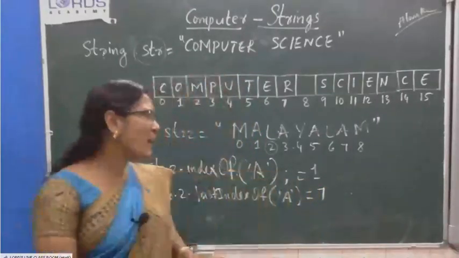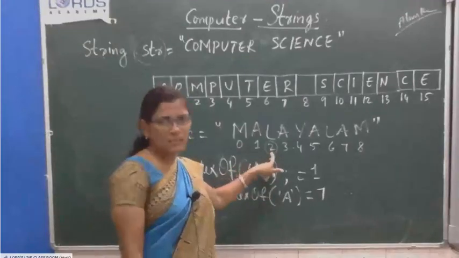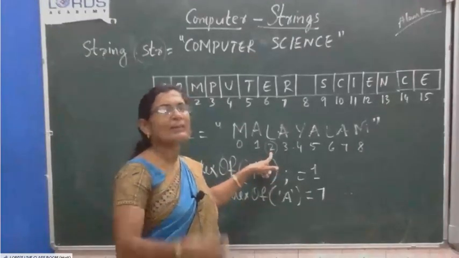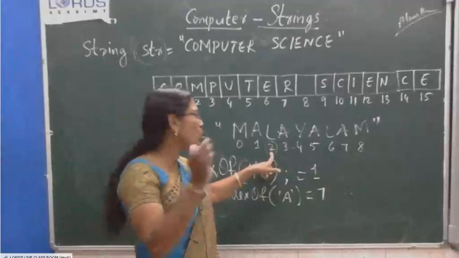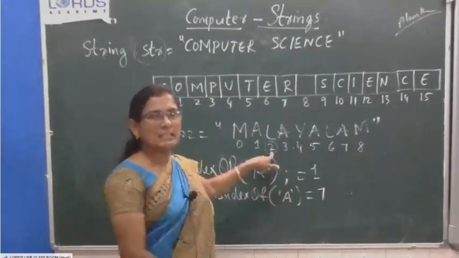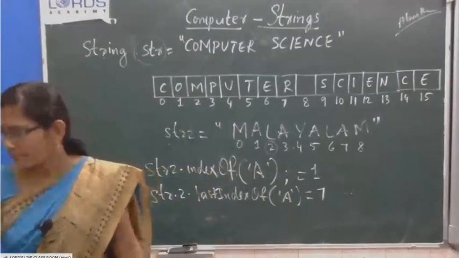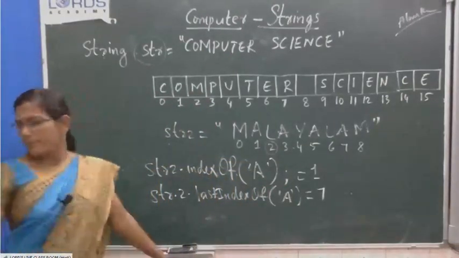Start from 2 onwards. From 2 onwards, you search for A, and wherever A comes first, that index number should be returned. For that, there is a function, indexOf.